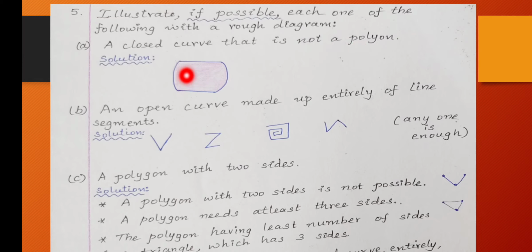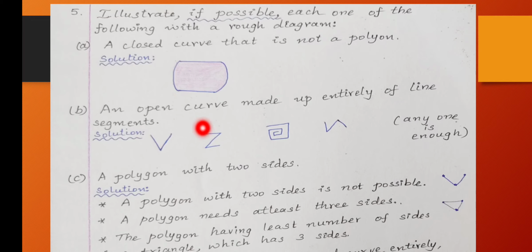So I have drawn a closed curve with 2 line segments and 2 curves. Since this closed figure is not made up of only line segments but also with curves, it is not a polygon. Okay. B, an open curve made up entirely of line segments.